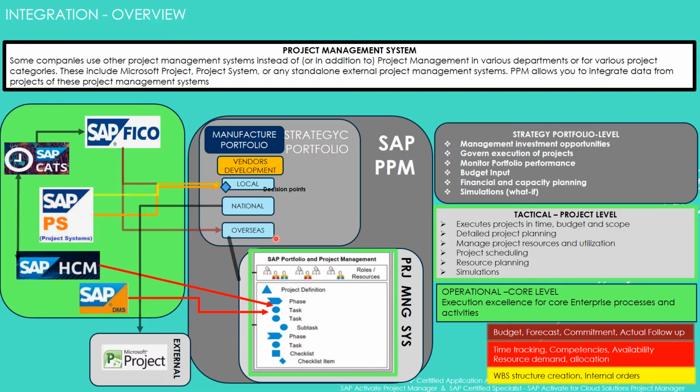Then in the second lesson, we learned the way we can deal with operated portfolios using the SAP Portfolio and Project Management. In this second lesson, we learned the way we can establish the structure using the different objects.